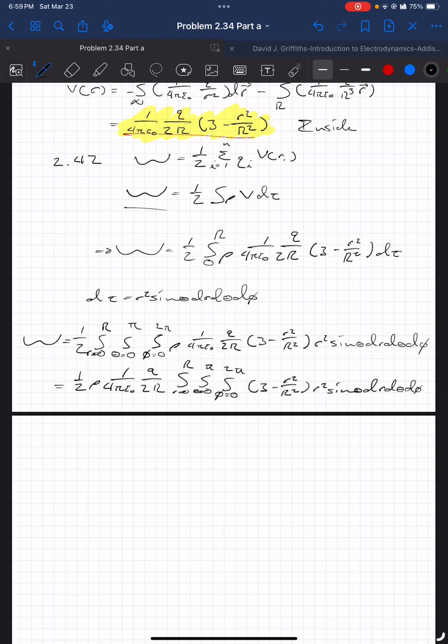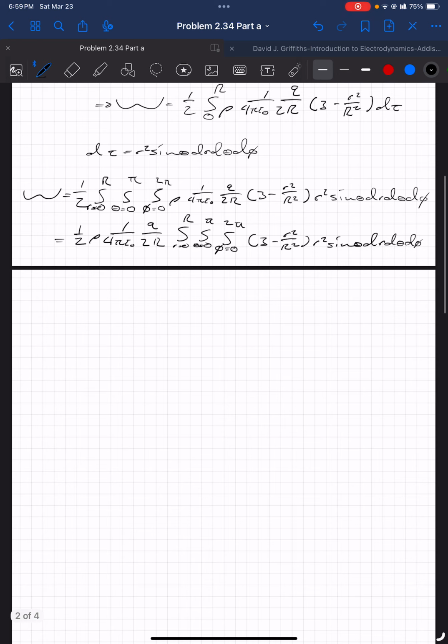Now, if we separate and solve, we can find that, and this is going to be a long equation, W is equal to 1/2 rho 1 over 4 pi epsilon naught q over 2r.